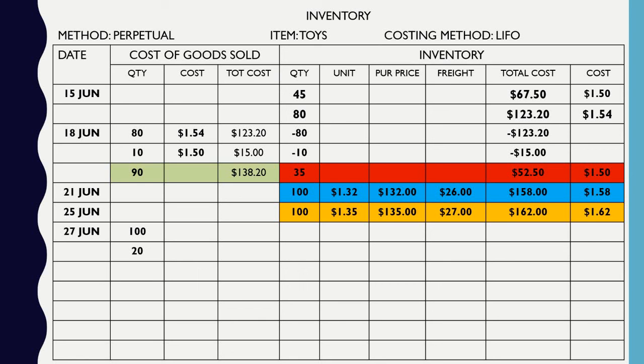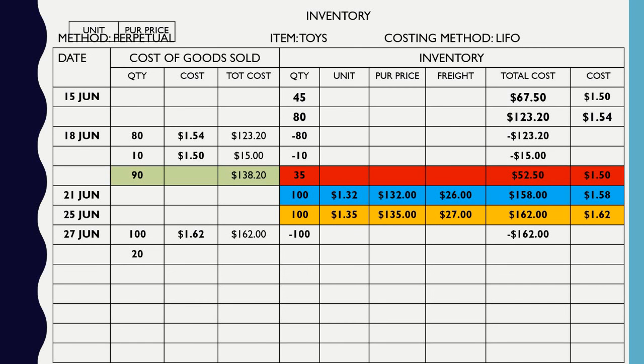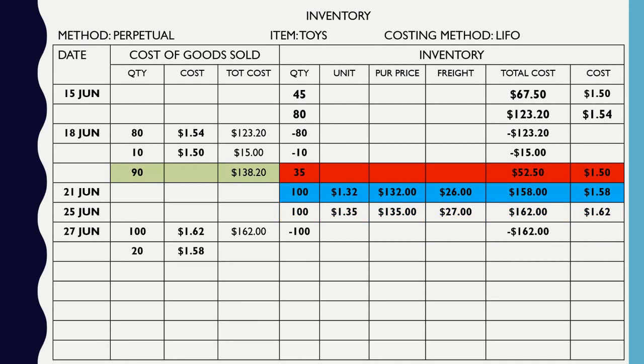I'm going to use the LIFO rule. Orange was my last batch that I purchased. So since I needed to sell a total of 120 toys, immediately I eliminate my orange batch, which we know is 162 even. No calculation necessary. So therefore, I'm going to take it right out from my inventory to show that I no longer have an orange batch anymore.